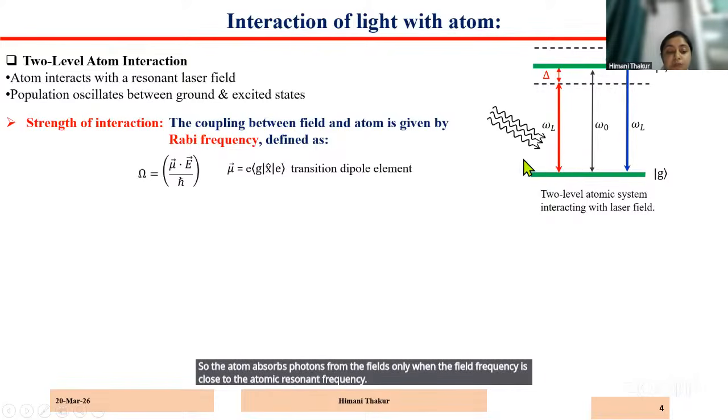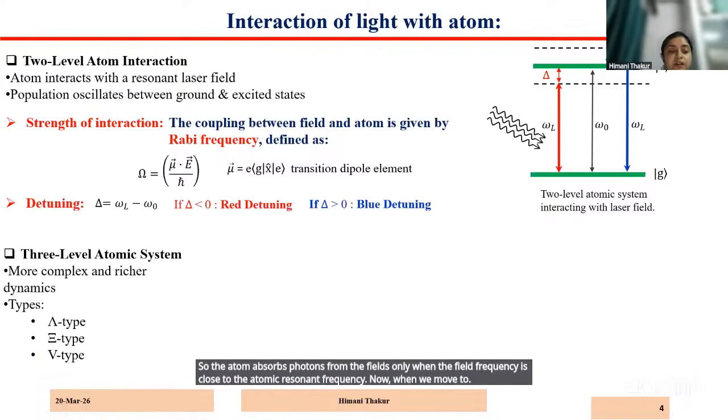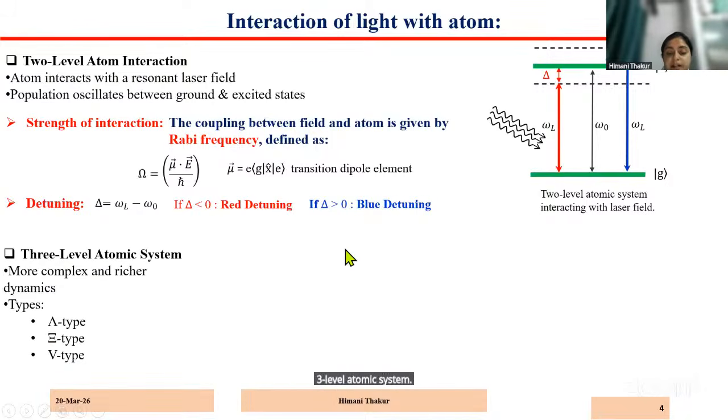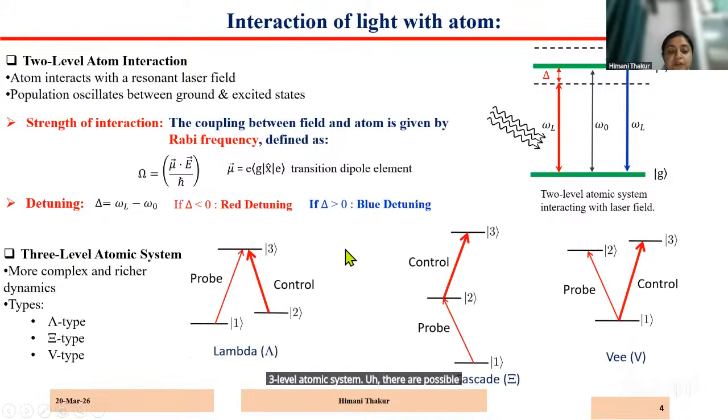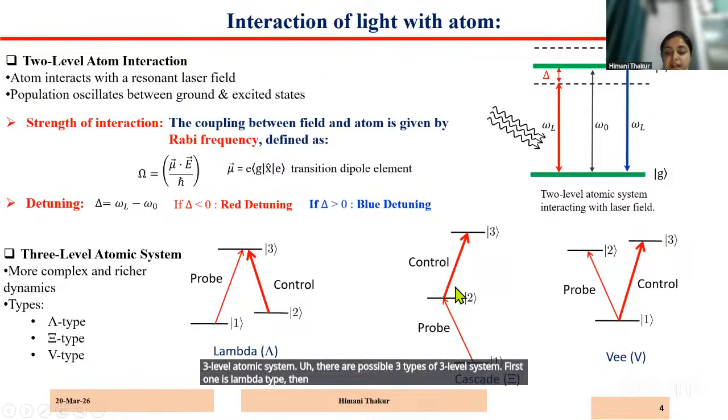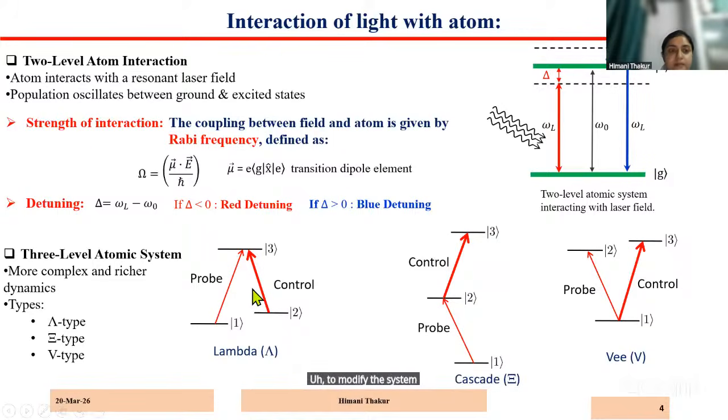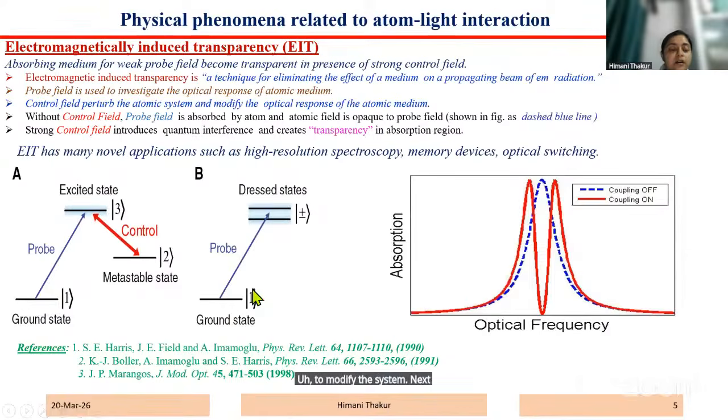Now, when we move to three-level atomic systems, there are three possible types: the lambda type, the cascade, and the V type system. Here we use two fields: a weak probe field to measure the response and a control field to modify the system. Next, one important phenomenon related to atom-light interaction is electromagnetically induced transparency, which we used in our study.